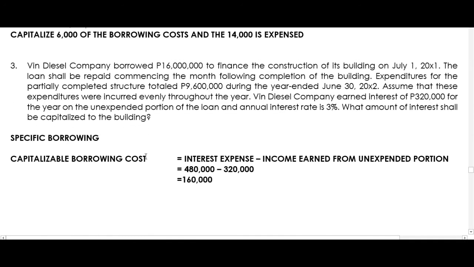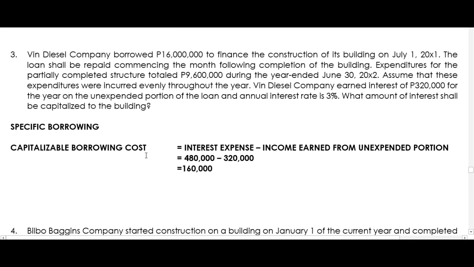Let's go to number 3. So question number 3 is an example of a specific borrowing. So Vin Diesel Company borrowed 16 million to finance the construction of its building by July 1, 20X1. The loan shall be repaid commencing the month following completion of the building.